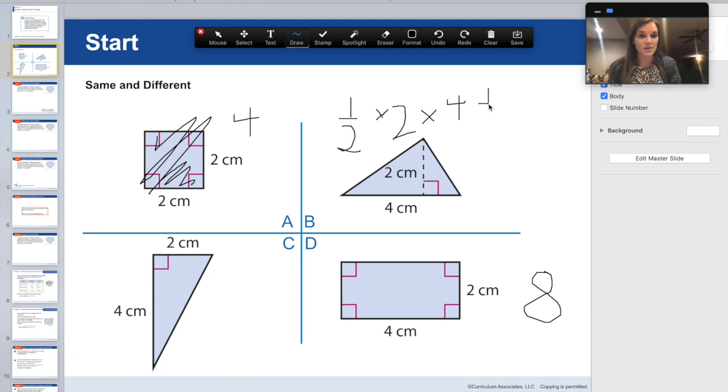So now we have 1/2 times by 8. Now remember, that is the same as 8 over 1, and we can just multiply straight across. So we have 8 times 1 is 8, and 8 times 2, or 1 times 2, sorry, is 2. So now we have 8 divided by 2, which is 4.